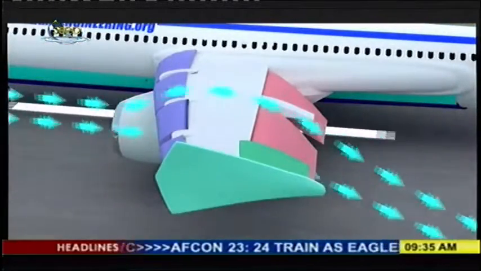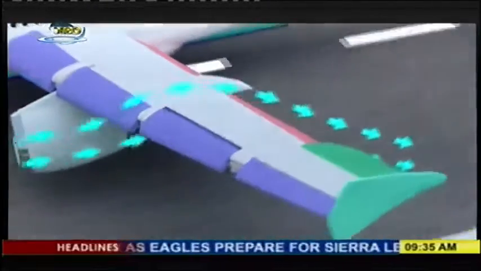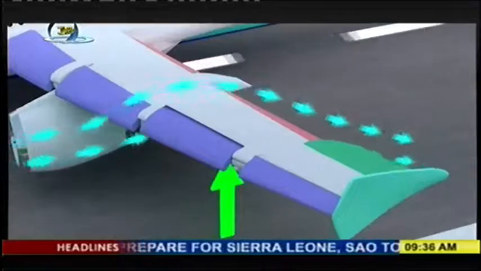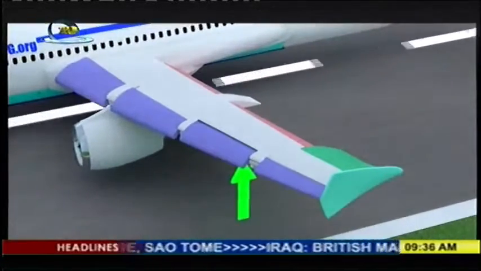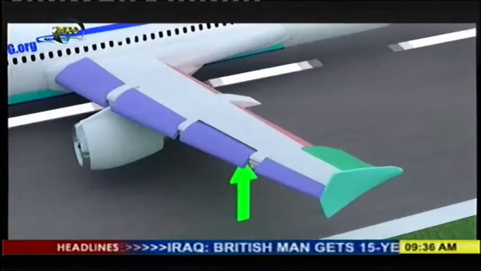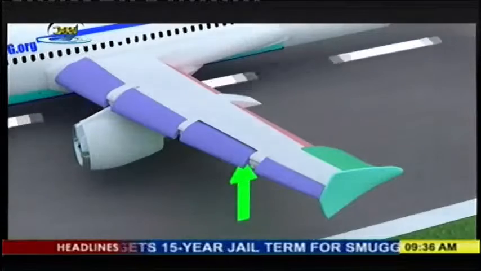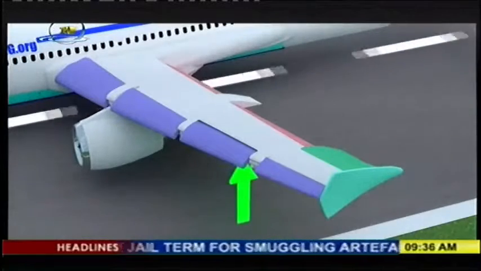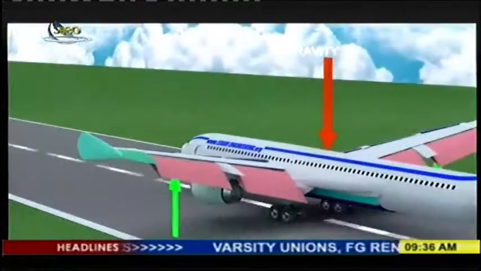As the curvature increases, air will be deflected more. Thus, a greater lift force can be derived even at low airplane speed. As the airplane speed increases, the lift force rises. Finally, when the lift force is more than the gravitational force, the plane takes off.